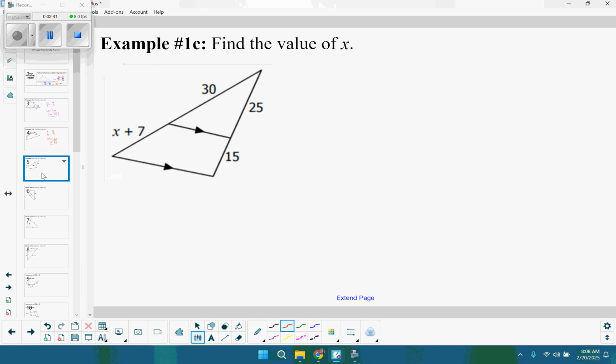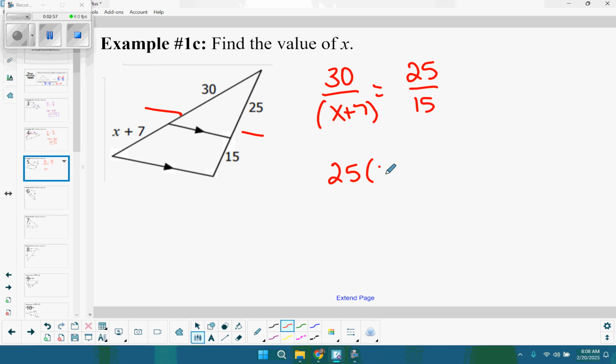One more together. Again, 30 over the x plus 7 will equal 25 over the 15. We just have to remember to stick parentheses around our x plus 7. So when we cross multiply, it's going to be 25 times all of x plus 7 equals 30 times 15.